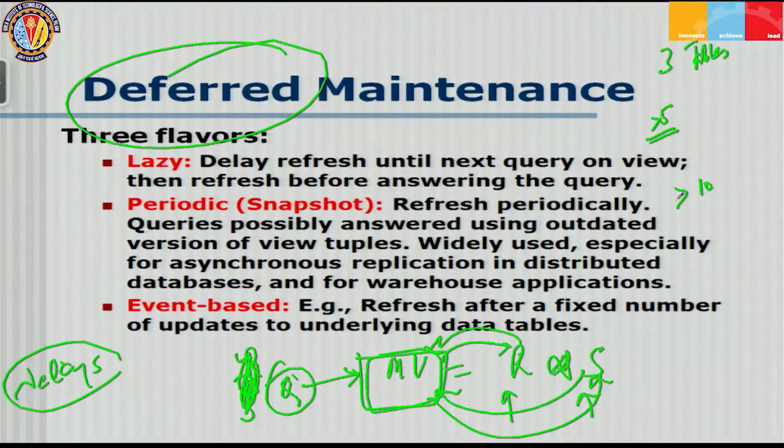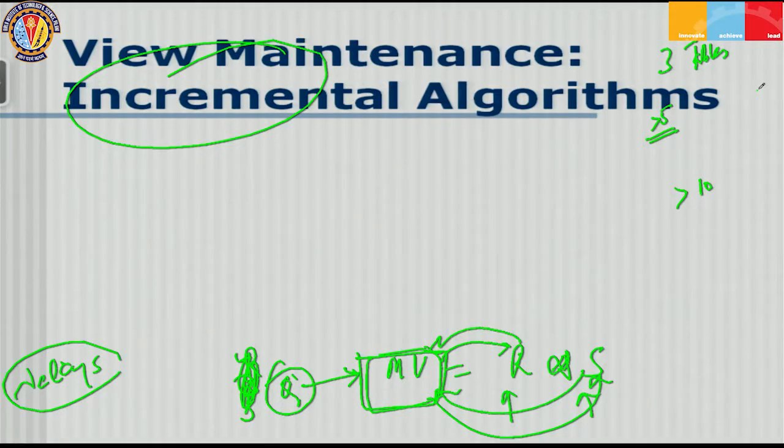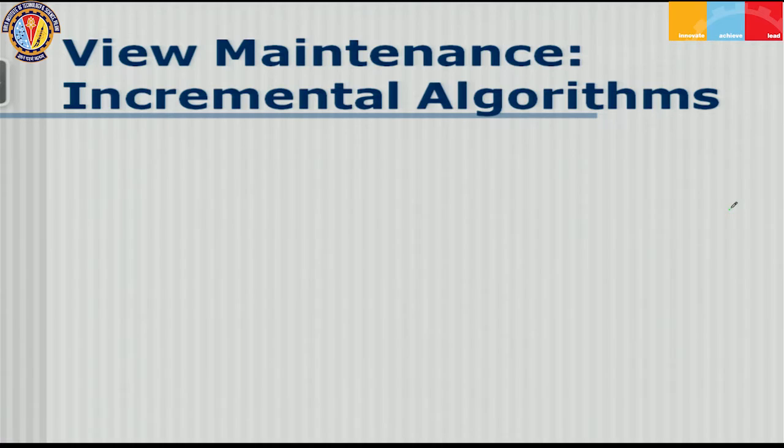So let me try to summarize this in the next slide. Before I come to this, let me just summarize. Lazy, and then periodic, and then the third is event based.